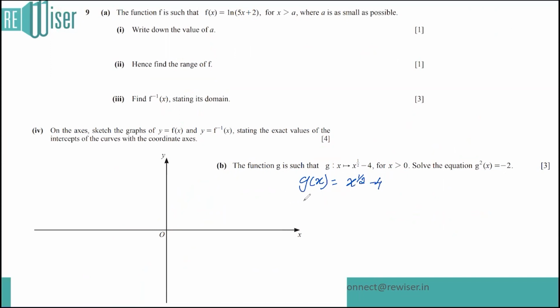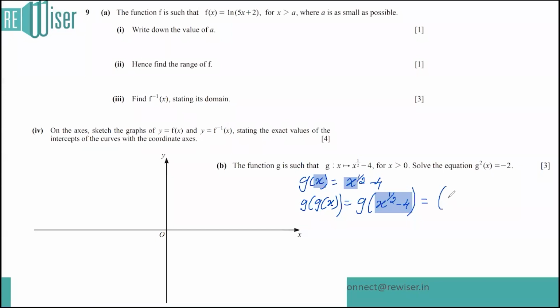So g squared x is nothing but g of g of x. So g of x is x to the power half minus 4. If I substitute this, instead of x, I need to substitute this entire thing in place of x.